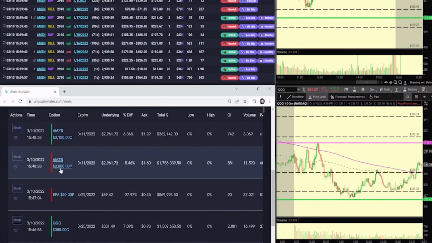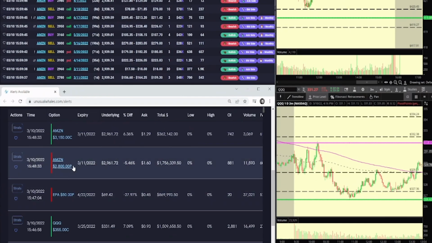Now, if you don't know what the price of the actual stock is, you can look at the percentage differential, and that's going to tell you how far away this strike is in relation to the actual stock price. So that's always what I keep in mind. I don't want anything too far, and I don't want anything too deep in the money.